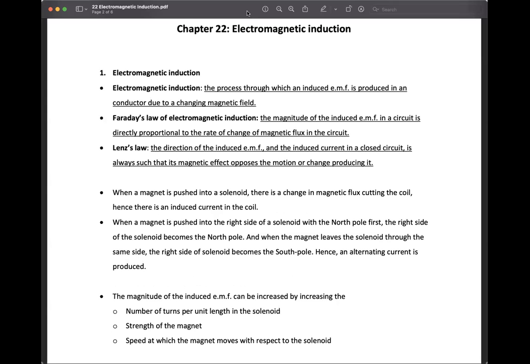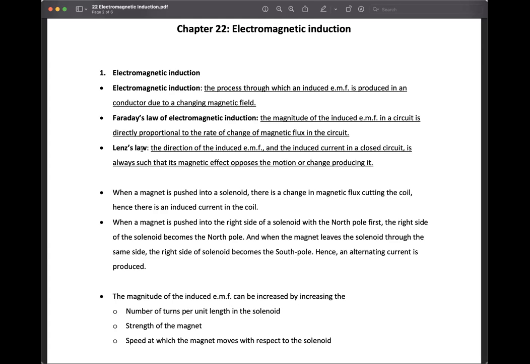Electromagnetic induction is a process through which an induced EMF is produced. So basically, electricity is produced when there is a changing magnetic field. Faraday's law of electromagnetic induction says that the magnitude of this induced EMF is directly proportional to the rate of change of magnetic flux in the circuit.